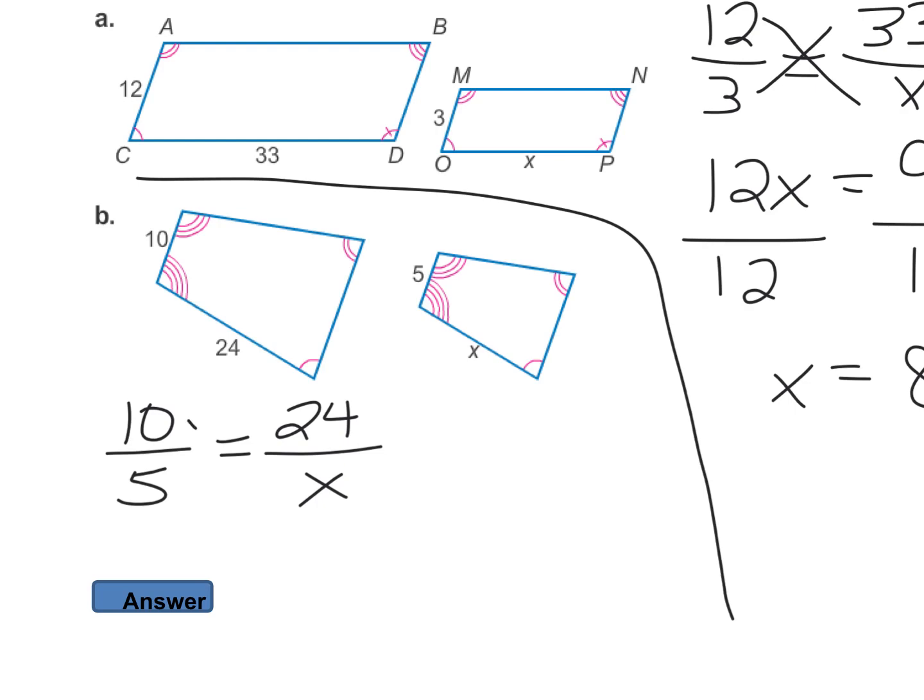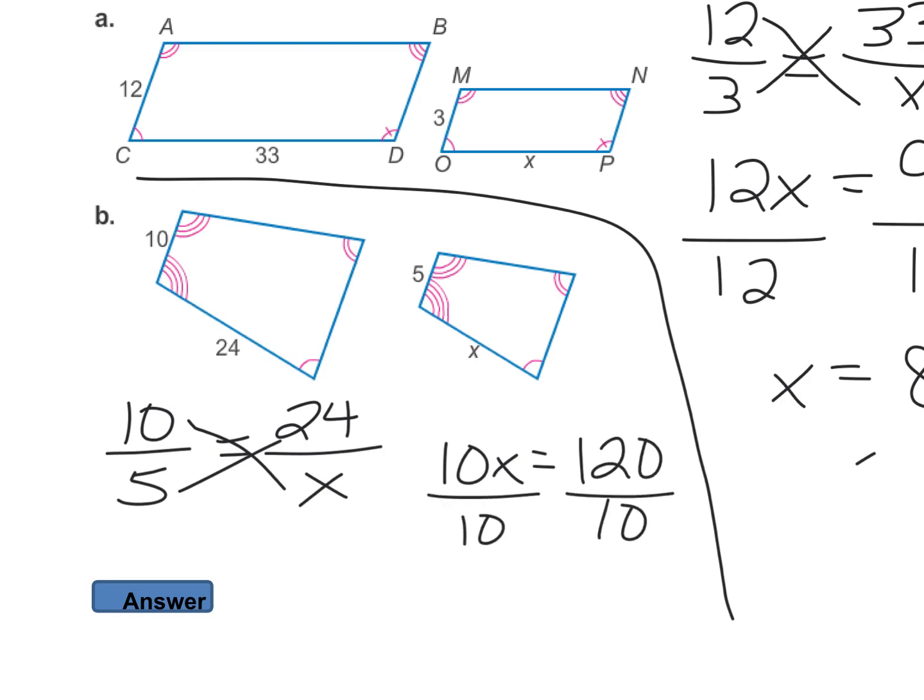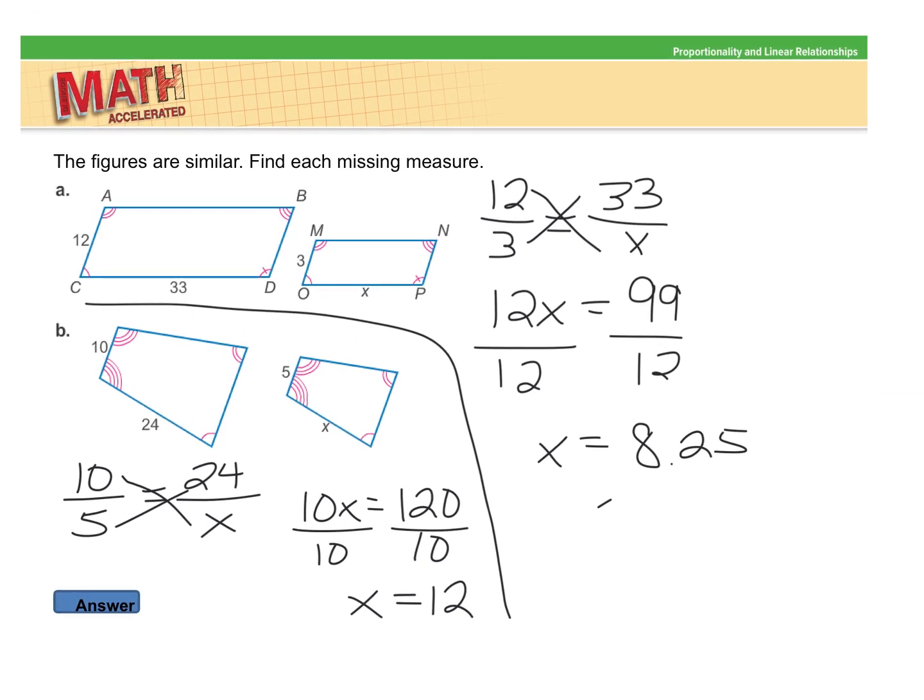Okay, solving, we would have 10 times x, 10x, 24 times 5, 120. And then we divide by 10. We have x equals 12. Any questions on similar figures? Okay, I think the hardest part is just making sure we set them up correctly.